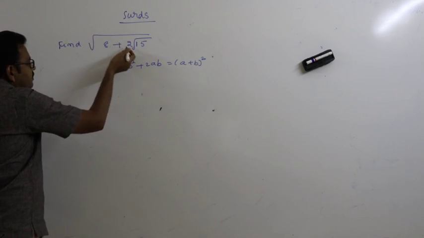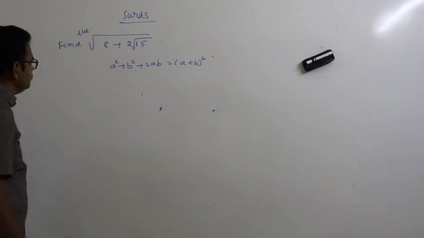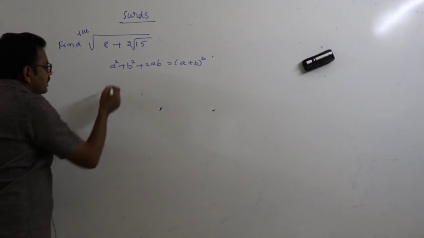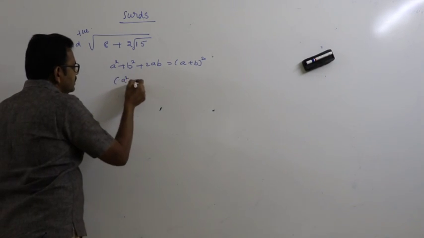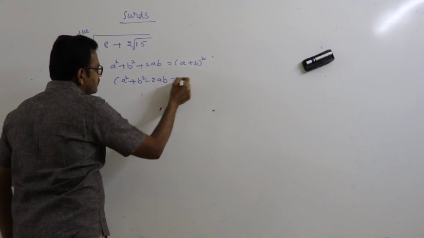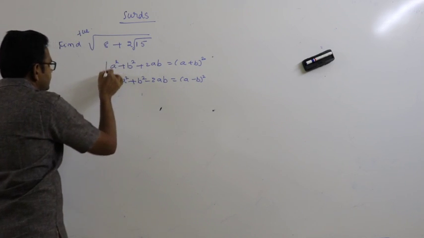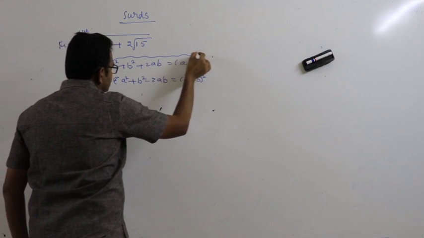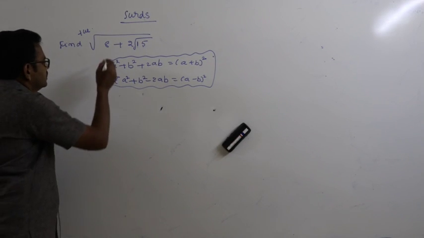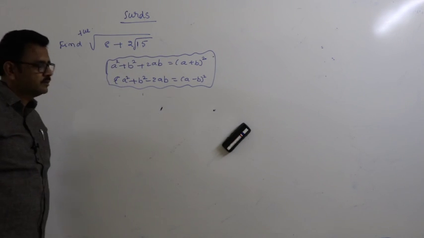Find the square root means always find the positive square root. And also a square plus b square minus 2ab is equal to a minus b whole square. So find the positive square root of 8 plus 2 root 15.